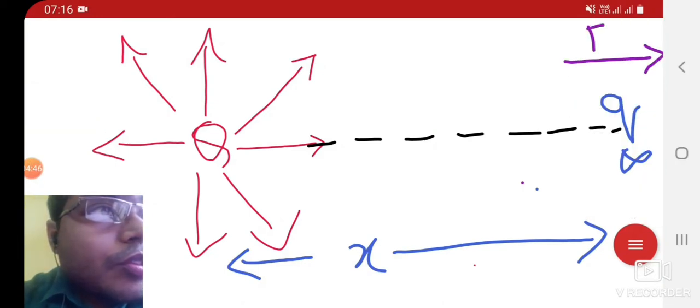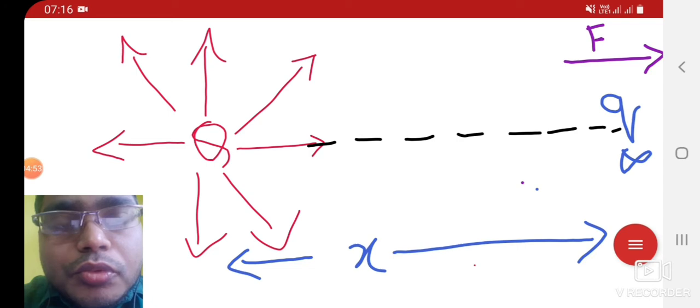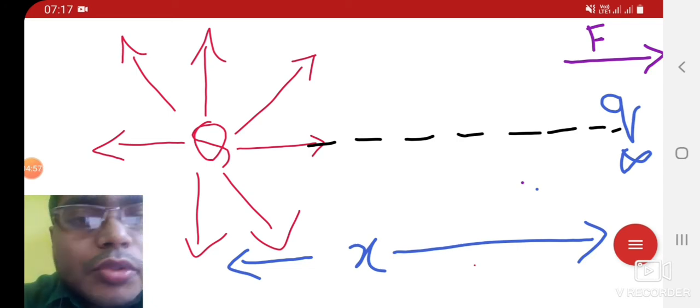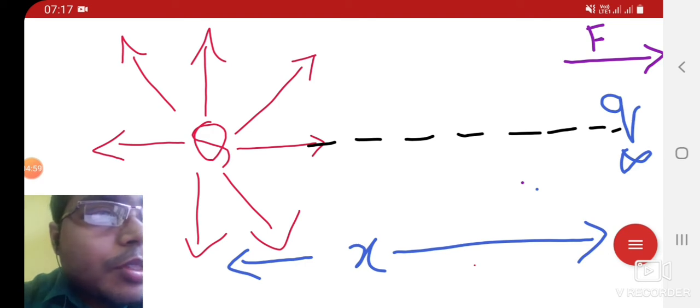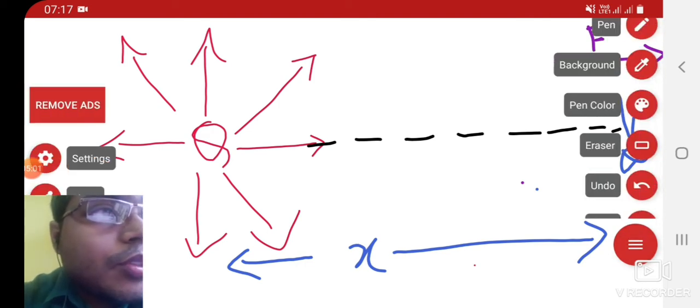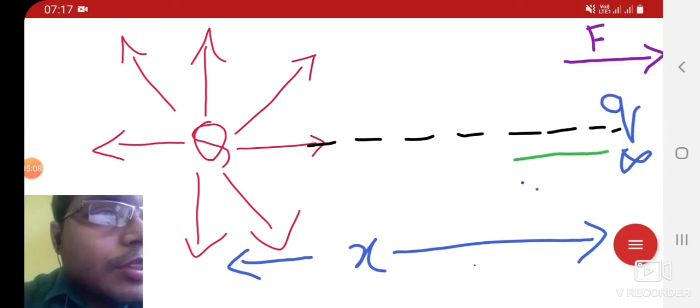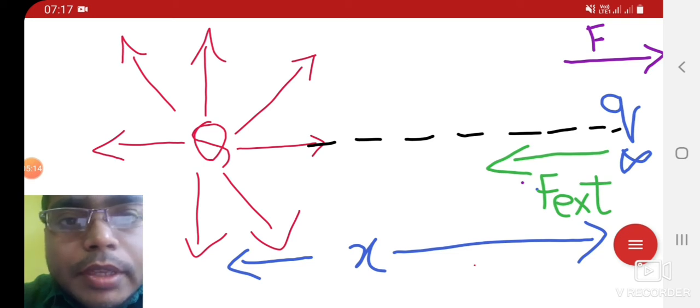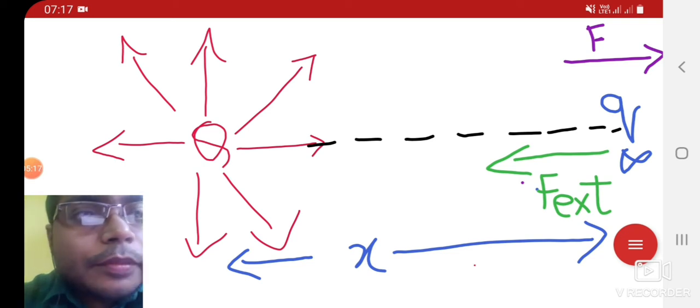Now if we want to bring the charge small q closer to capital Q, then we have to do certain work against the force of repulsion. That means we have to apply an external force against the direction of the force of repulsion, right? So this will be our external force.